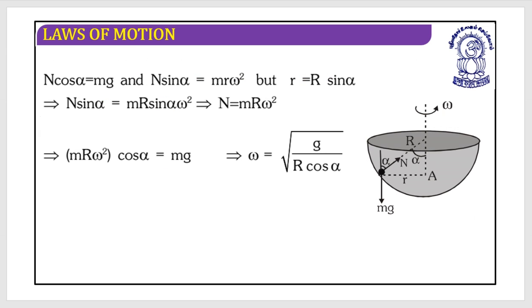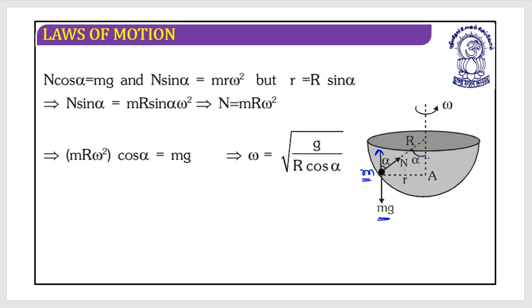Let's have a look. What we are supposed to do is make all the forces. This is the ball having mass m. This would be its mg. This is the normal force. This is the angle alpha.